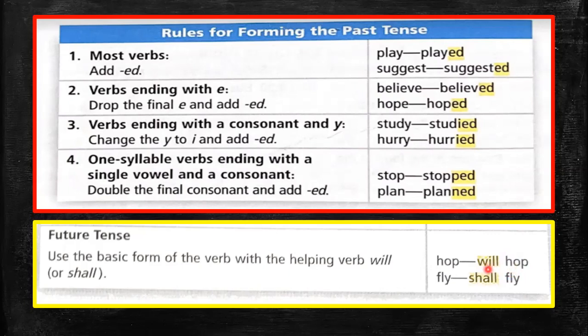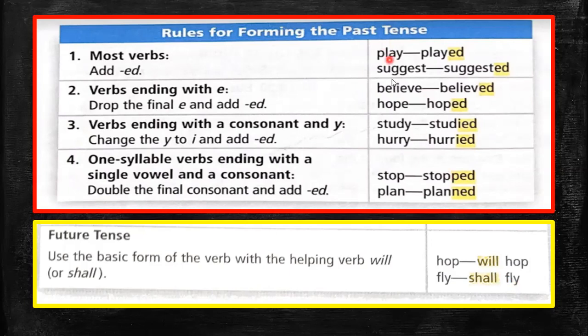So in this case, to form the future tense, we have the helping verb will, but the main verb has to be kept in its base form. So will hop, will fly. In this case, they used shall, but I'm not a fan of it. I just want you to know that you can use it, but I'm not really a fan of it.